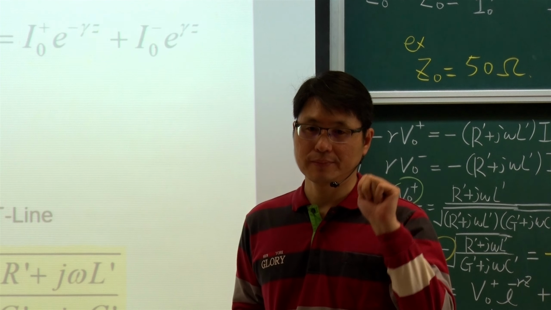The backward voltage and current are also fixed, but only differing by a negative sign. Okay? So with the introduction and understanding of characteristic impedance, only V0 plus and V0 minus remain to be solved. So the number of unknowns is now reduced to 2.